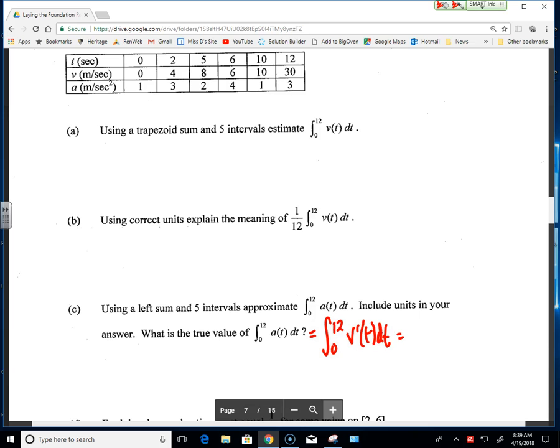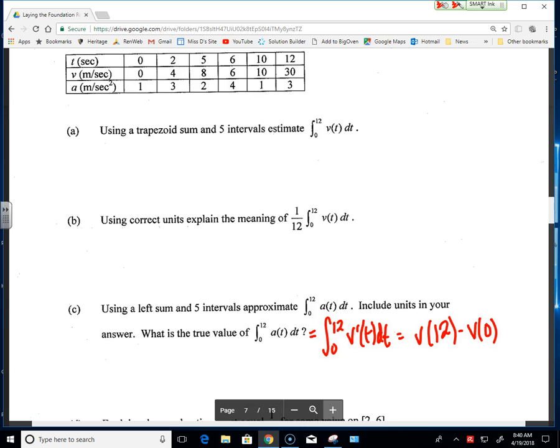Who's the antiderivative of V prime? V. It's as simple as V of 12 minus V of 0. The antiderivative of A, go back a jump. Remember, position is the OG. Velocity is the derivative. Acceleration is the double derivative of position or the single derivative of velocity. Go back a jump from acceleration, you get to velocity, V of B minus V of A.